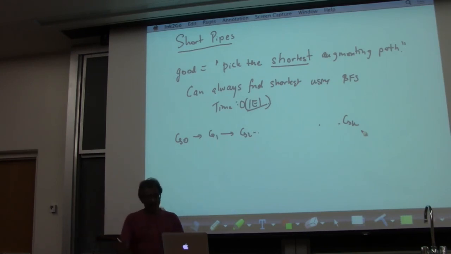So now I'm going to define the notion of a level. A level in stage i of a vertex V is the distance from S to V in Gi, and is infinity if not reachable.